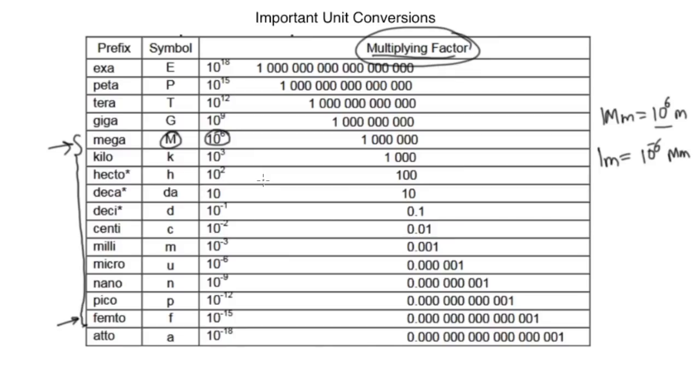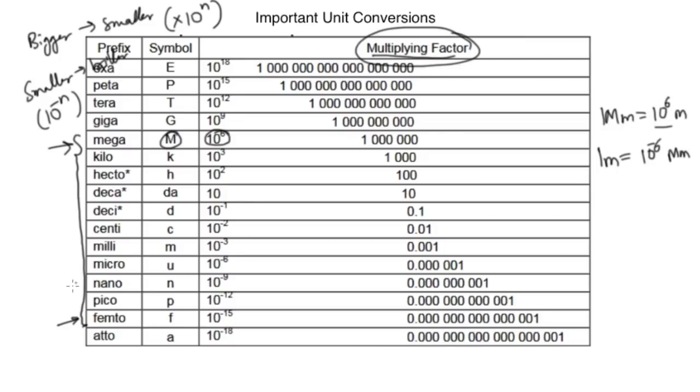If you are going from a bigger unit to a smaller unit, you multiply by 10 to the power n, whatever n is given in this slide. If you are going from smaller to bigger, you multiply by 10 to the power minus n.